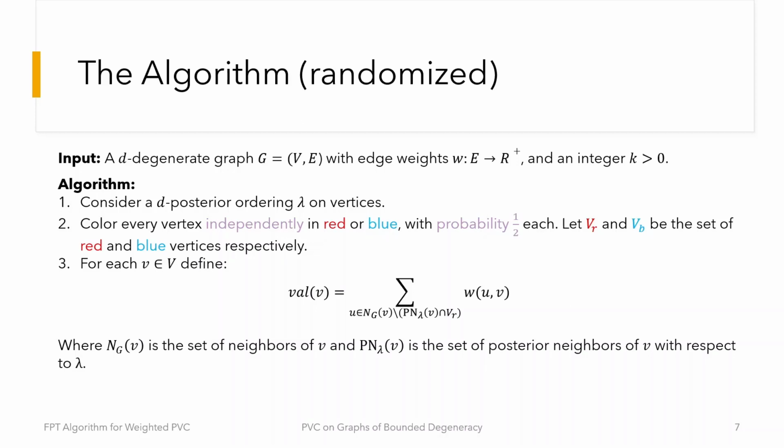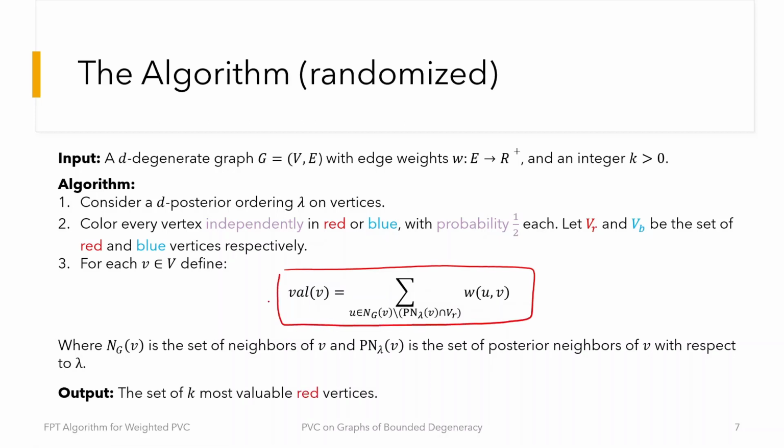And for each vertex v, we define a value. So this is the value we define for the vertex. And then at the end, we simply return the k most valuable red vertices. I will explain how well this algorithm works.